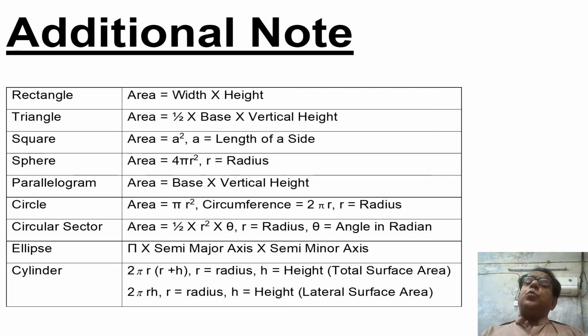In this problem, we are concerned only with the area of a rectangle, but in some other problem, we may have to deal with the area of a triangle, area of a square, area of a sphere, area of a parallelogram, area of a circle, area of a circular sector, area of ellipse, area of cylinder, etc.